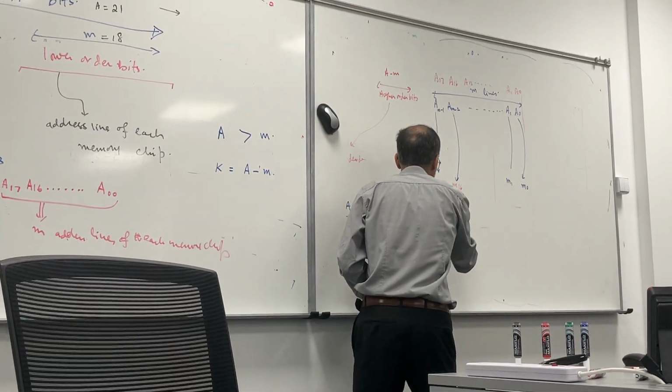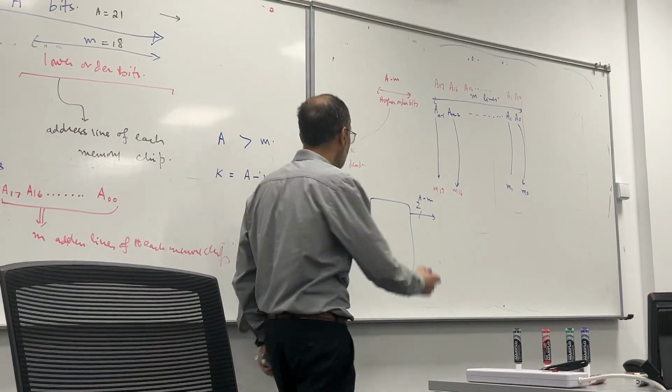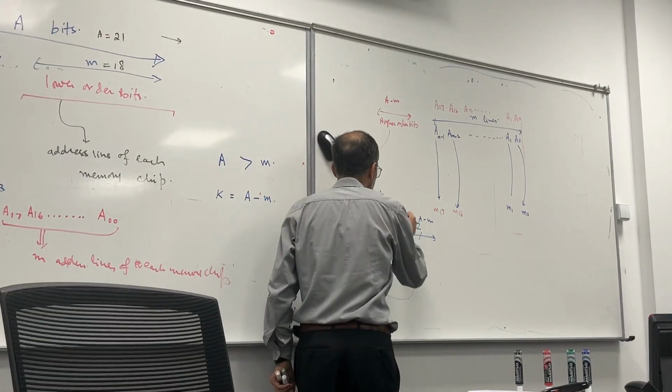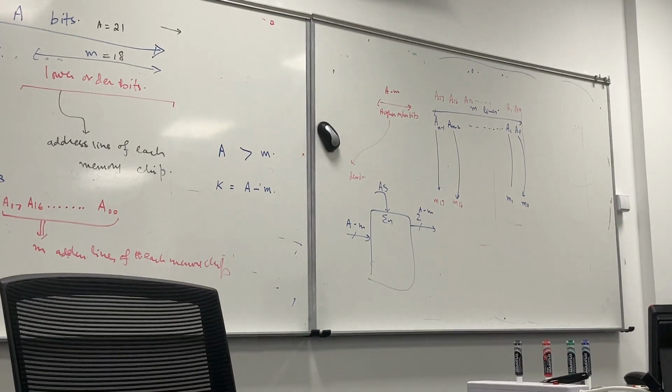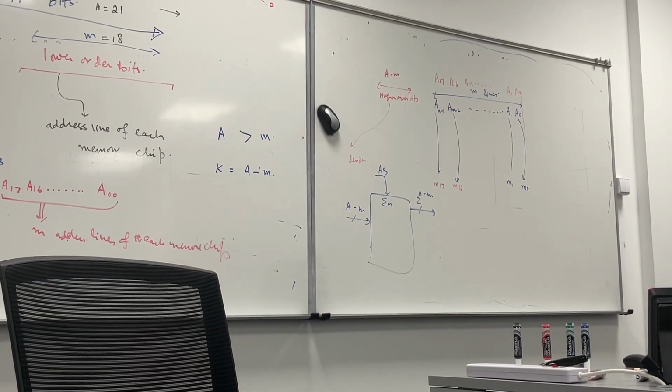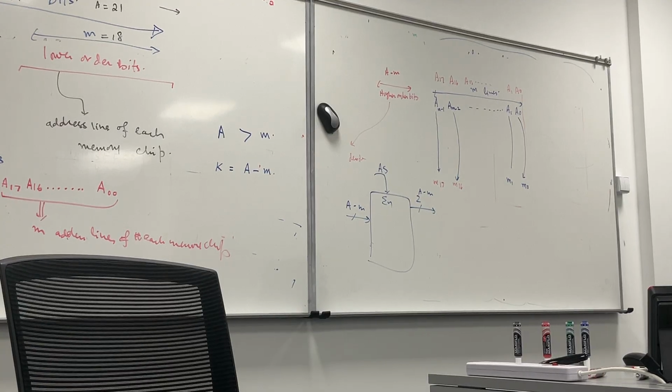In addition, we have the address strobe, which is connected to the enable signal of the decoder. Yes or no? Okay, now this is from the address lines.